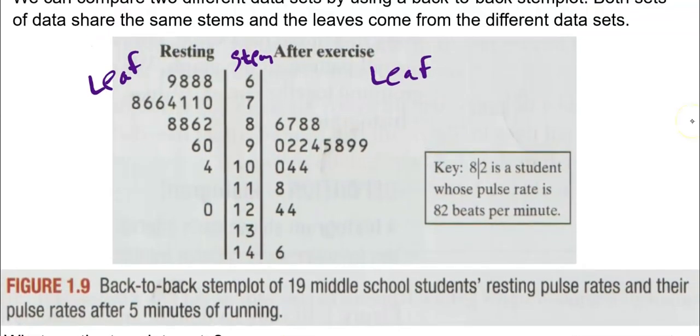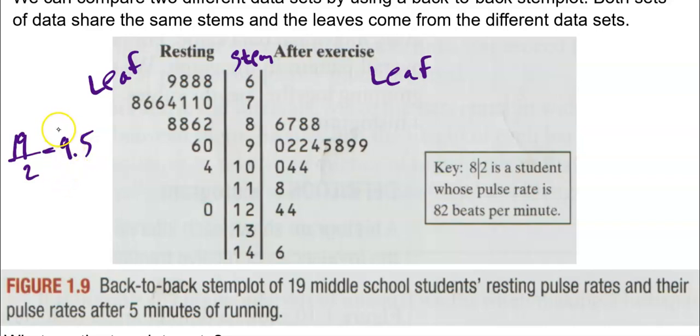So median is the middle number. So my numbers are 68, 68, 68, 69, 70, 71, 71, 74, 76, 76, 78. So if we have 19 students, I'm going to cut that in half, and that gives me 9.5.